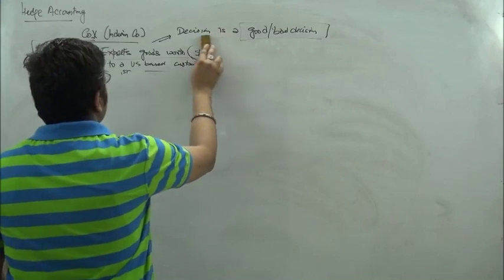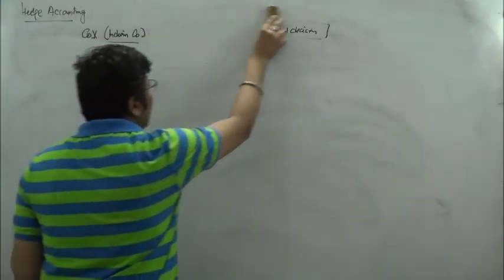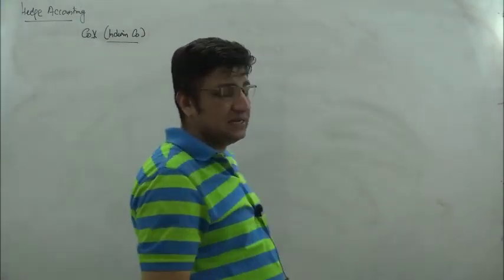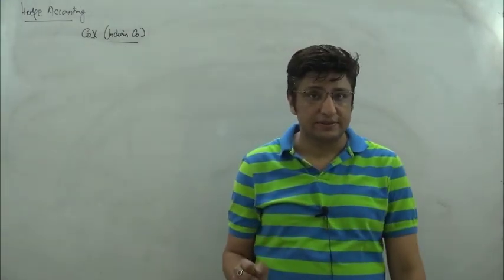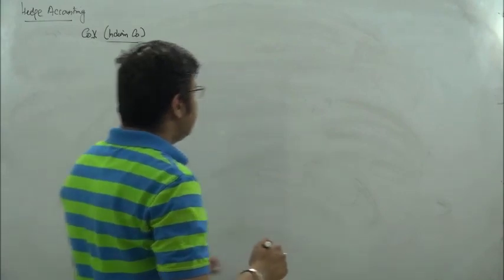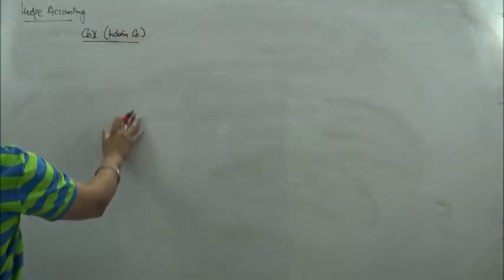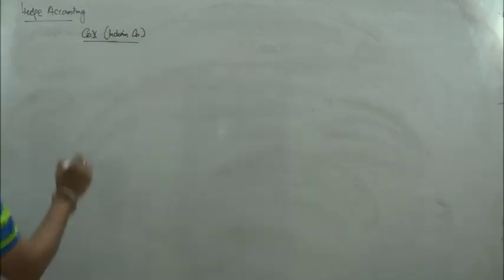Okay, I'm just going to use some information around the same scenario that we created just a minute ago, and then see how the accounting normally takes place in such scenarios. Okay, let us say that this is my company X, an Indian company.